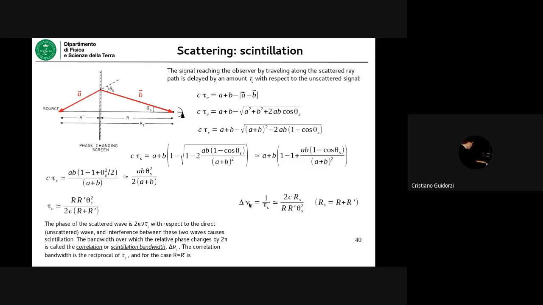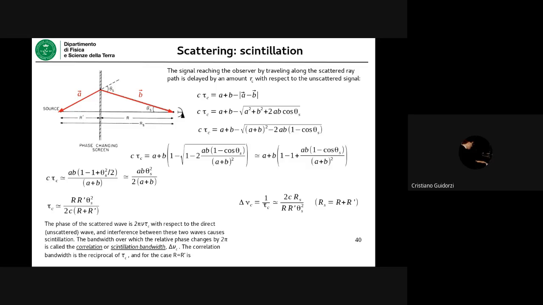So what is delta nu c? Delta nu c, which is called the correlation or scintillation bandwidth, is the frequency interval over which you have essentially the same kind of interference, either constructive or destructive. All the frequencies within that interval interfere the same way, so you have an enhancement in the signal.